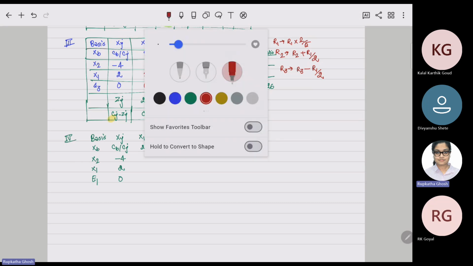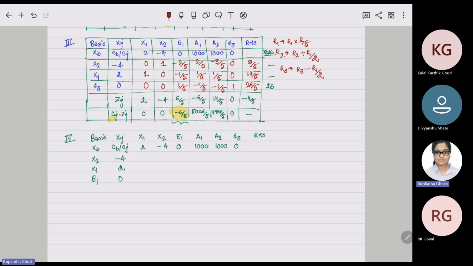Okay, now what we can do is 5 R3, so we can do 0, 0, 1, minus 1, minus 1, 1, oh sorry, 5, 26, right?